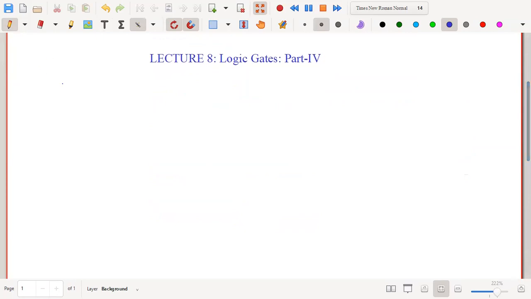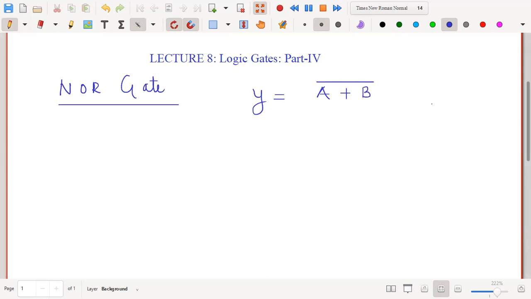Let me just write down here again and revise it. The Boolean expression for the NOR gate is A OR B, the whole complement.